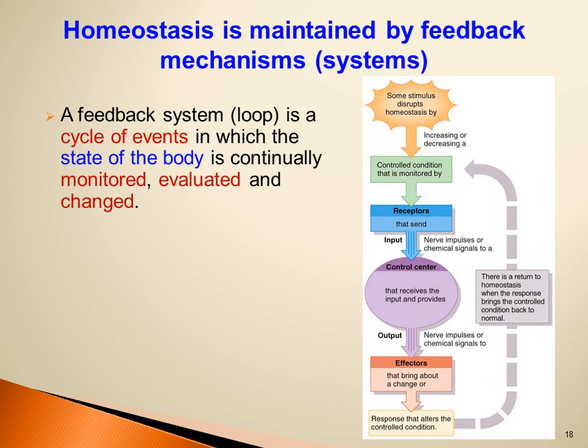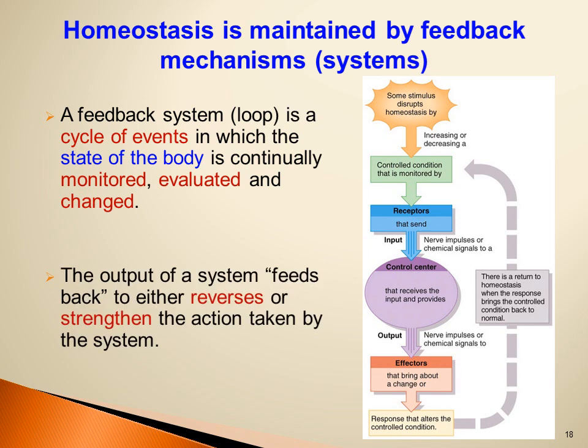For example, blood pressure is continuously monitored by special receptors in our circulation, evaluated by our brain, and changed accordingly. So we can keep our blood pressure within the narrow normal range that is compatible with life and without causing any damage to any organ.